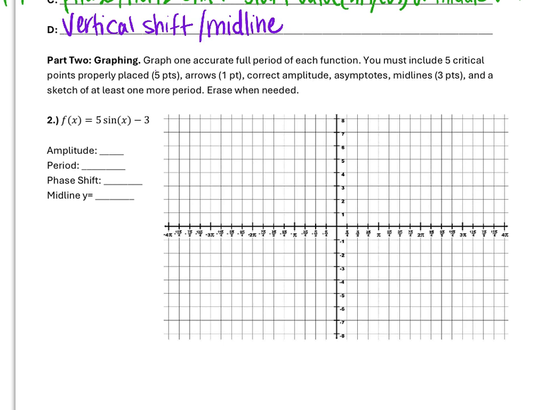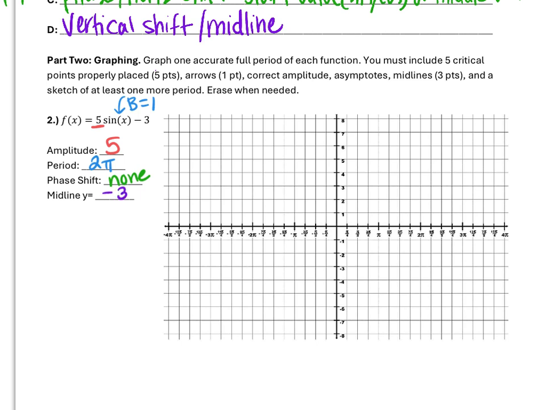So if we look at number 2, the amplitude is 5. Our B value is 1. So the period is 2 pi over 1, which is just 2 pi. And we do not have a phase shift, which means it'll start at 0, and our midline occurs at y equals -3.